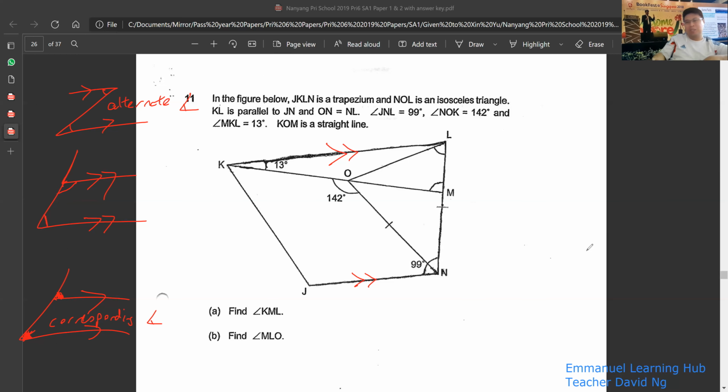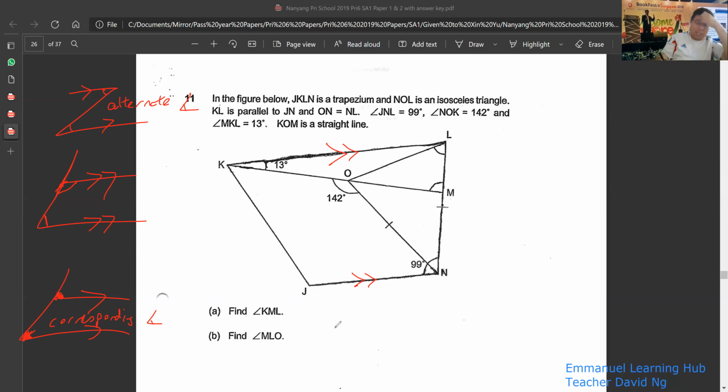Because in secondary school they might give you a diagram more complicated than this, and they'll use the words alternate angles, corresponding angles in the question. And they expect students to know what they mean. You know what I'm saying? There are terms that you're expected to know because you already learned that in primary school.